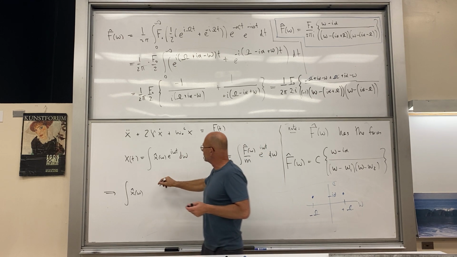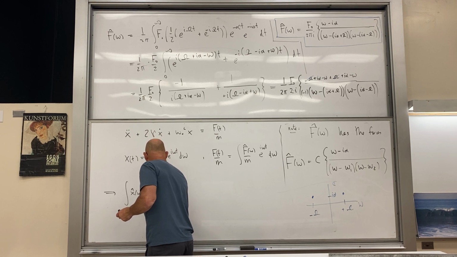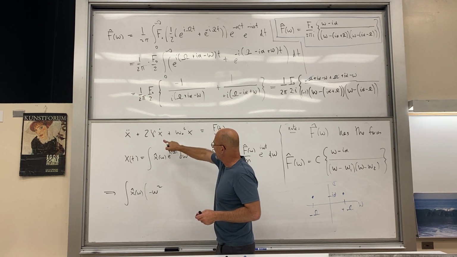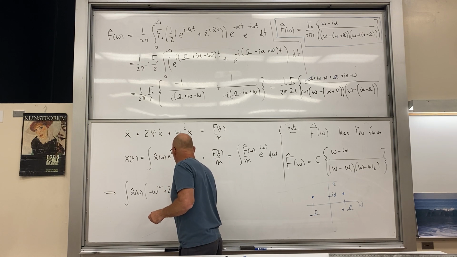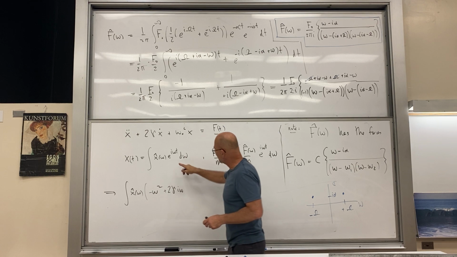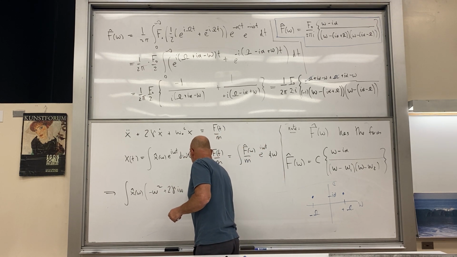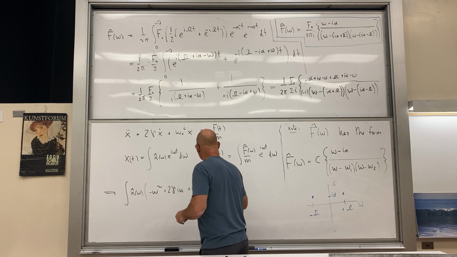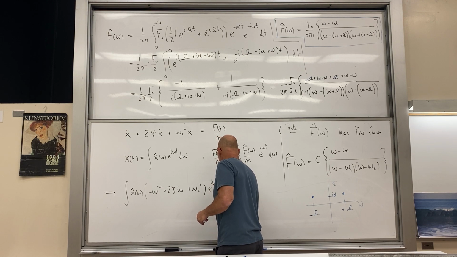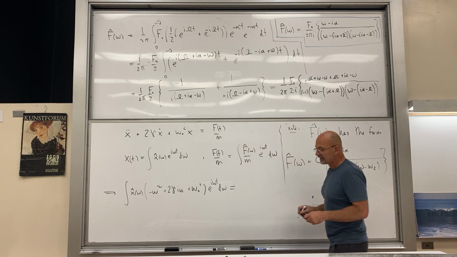So let's take two derivatives. We get minus omega squared. Then we take 2 gamma x dot, so we have plus 2 gamma i omega, right? We're just differentiating this complex exponential each time, and then we have plus omega naught squared. Close parentheses, e to the i omega t d omega equals this f of t.